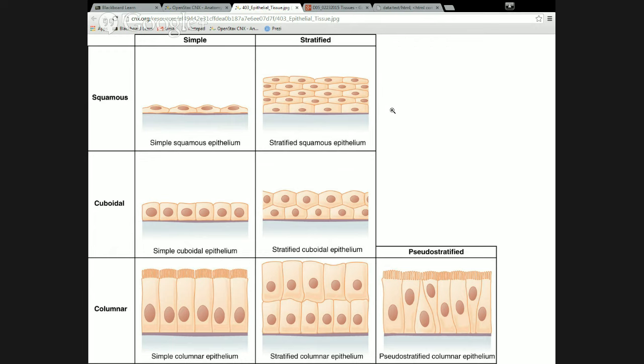It's actually a single layer of cells, but the nuclei are in all sorts of different positions. The simple columnar epithelia, all of the nuclei are in a row. But here, having them scattered at different heights, under the microscope will make this look like multiple layers of cells. And it's pseudostratified. It's not really stratified, but that's what it kind of looks like.